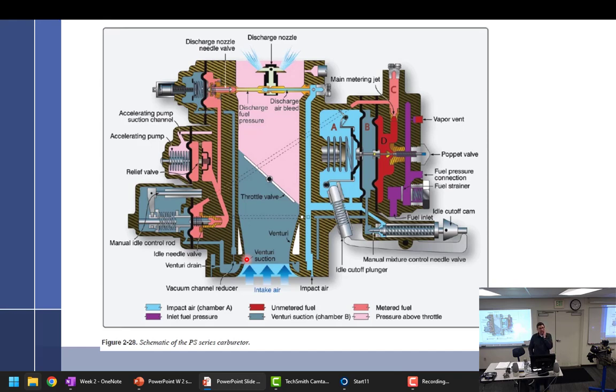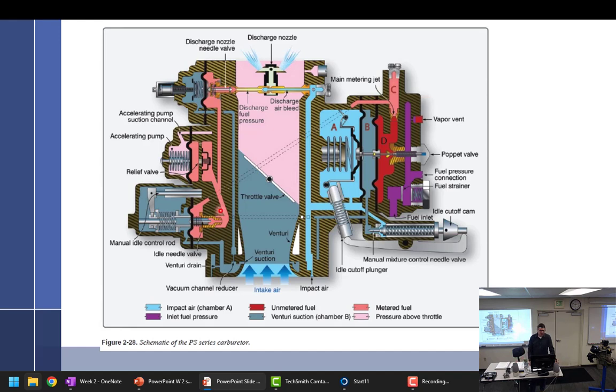That idle needle valve is slightly different. If you have the automatic, the vacuum operated AMC, you have the secondary jet, the enrichment jet up here. That acts as the economizer. So at idle position, the idle needle valve regulates the fuel.